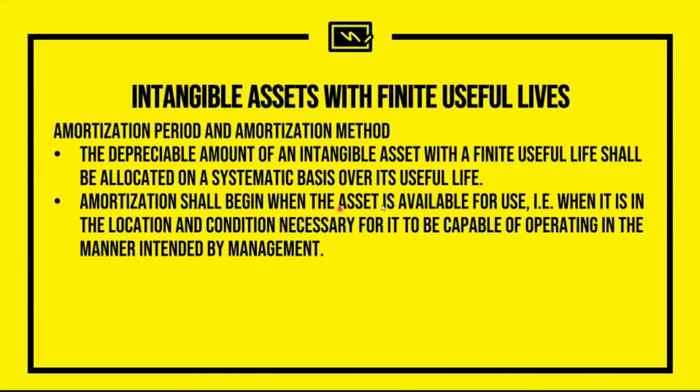Amortization shall begin when the asset is available for use, meaning when it is in the location and condition necessary for it to be capable of operating in the manner intended by management. So regardless of whether they are using it already or not, as long as it is already capable of being used, then we can actually start amortization already.